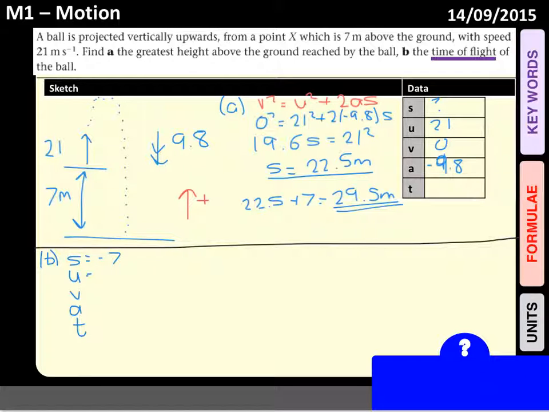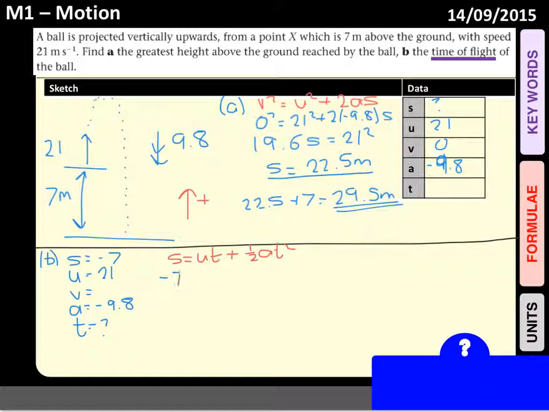My initial velocity is still 21. The final velocity is not important for this question. The acceleration is still 9.8 acting downwards, so it's negative, and time is what we are trying to find. So we've got S, U, A and T. We are using s equals ut plus a half at squared.